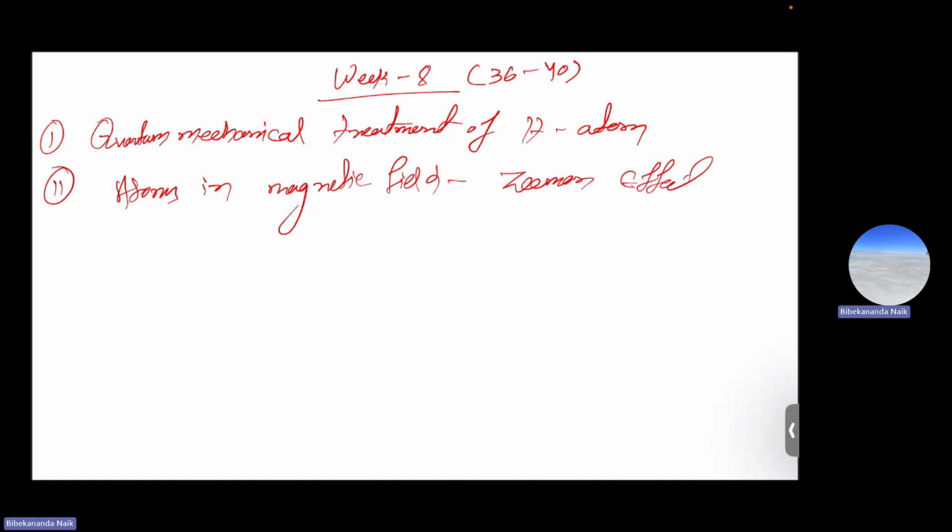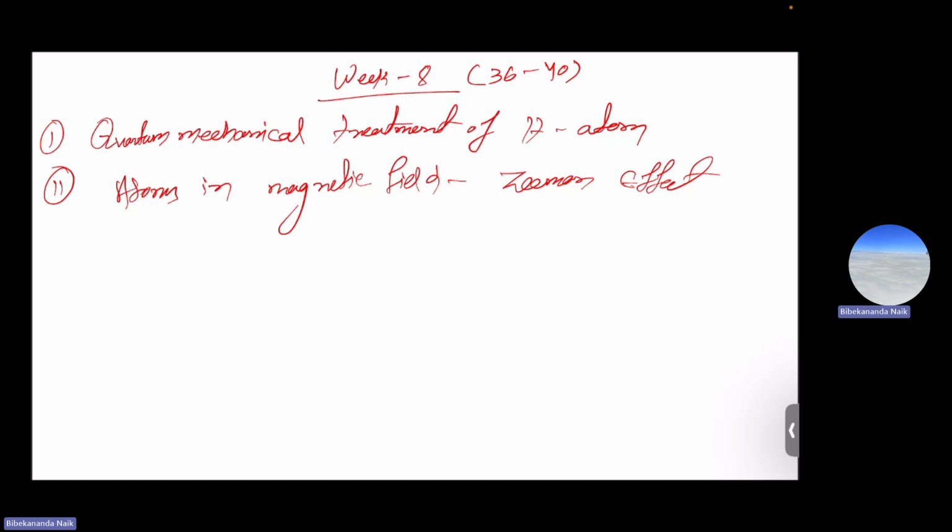In Zeeman effect, what happens basically when the atoms are placed in a magnetic field, we know electrons in an atom move around the nucleus. The orbital motion of the electron or the spin motion of the electron give rise to magnetic moments. Depending upon the states in which the electron is moving, we will have a magnetic dipole moment.